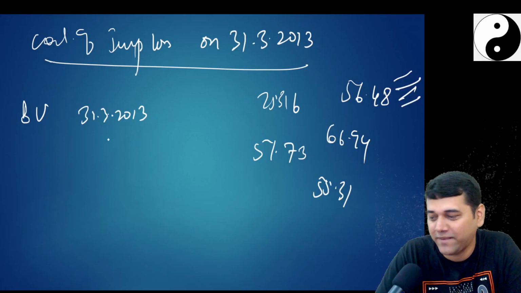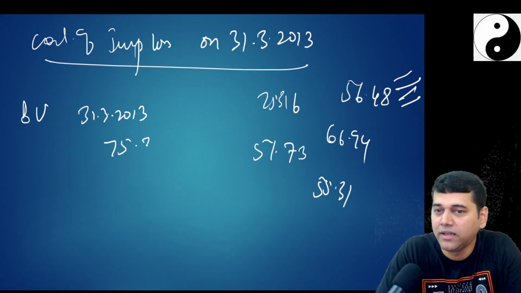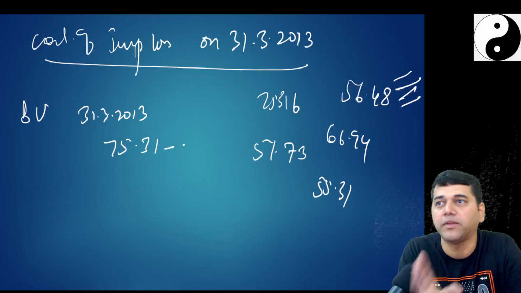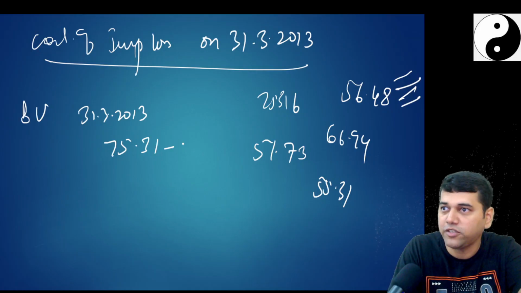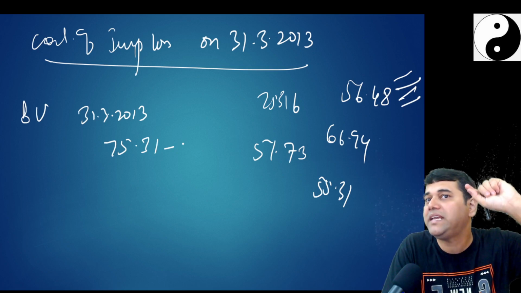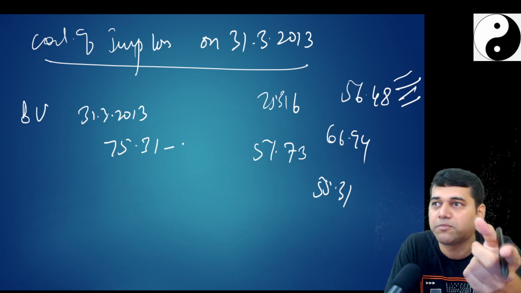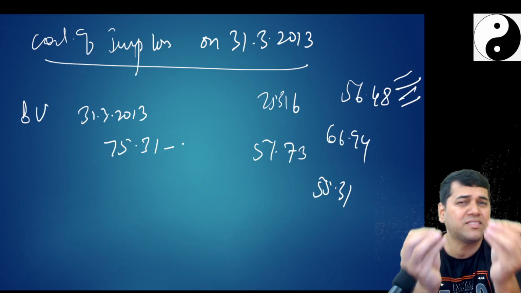Okay, how did you get it? See, what is your book value after impairment? 75.31 minus how many years of depreciation? One year depreciation. See, be careful, they may simply increase that by 2 years. All this is plug and play, it's a very simple, plain question.